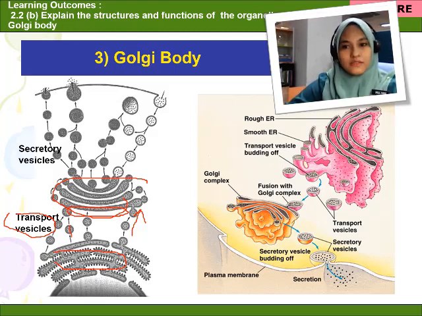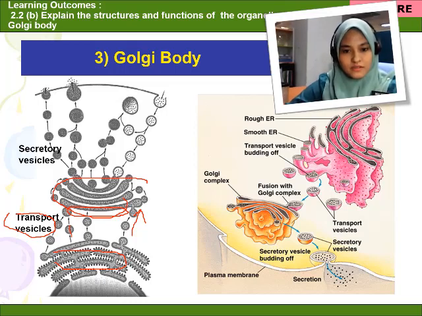It releases its contents such as proteins, carbohydrates, and lipids into the lumen of the Golgi body, and then the contents will be modified as they move from the cis phase to the trans phase. Remember, the trans phase is the one that is facing the plasma membrane of the cell.